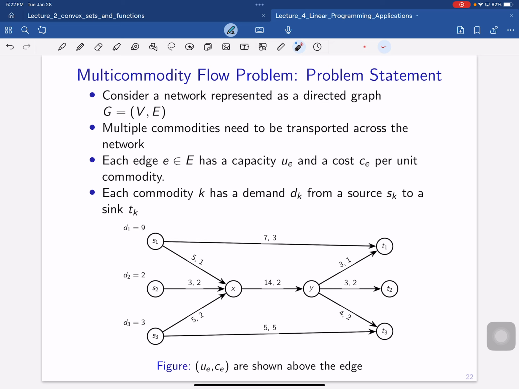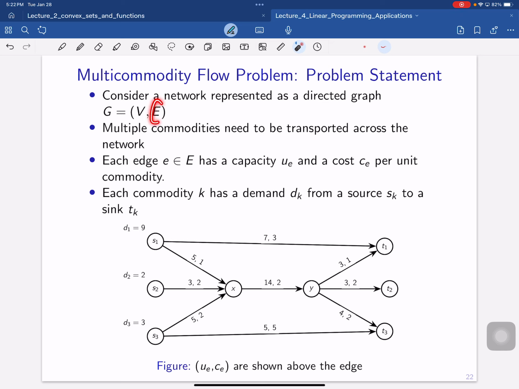Does everyone know what a graph is? A graph means you have some nodes. The nodes are denoted as this set V. You can also think about V as vertices.